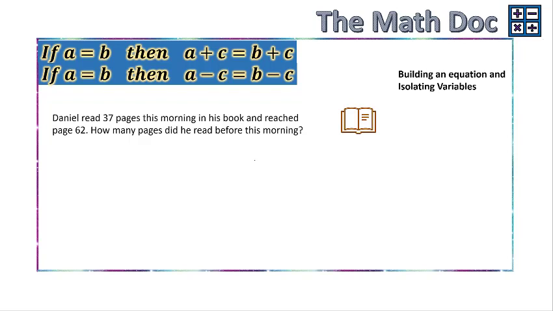I like to underline or at least emphasize the numbers I know. So he read 37 pages this morning and he reached page 62. The question is, how many pages did he read before this morning? So that is what we want to answer, and so that will be our variable x. So x is the number of pages he previously read, right?